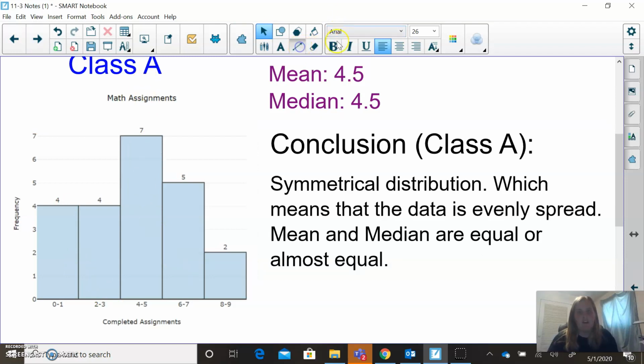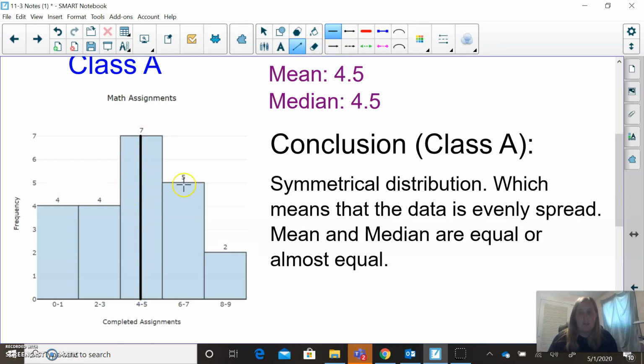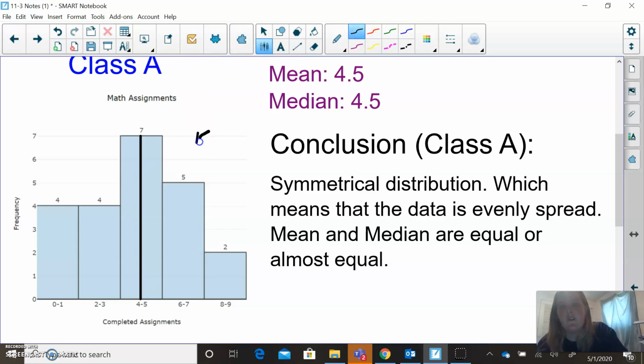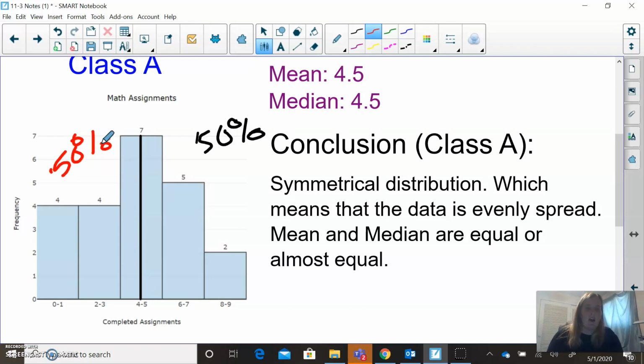The median's right about there. This splits it to where 50% of the data is over here on the right-hand side, and another 50% is over here. It's evenly distributed.